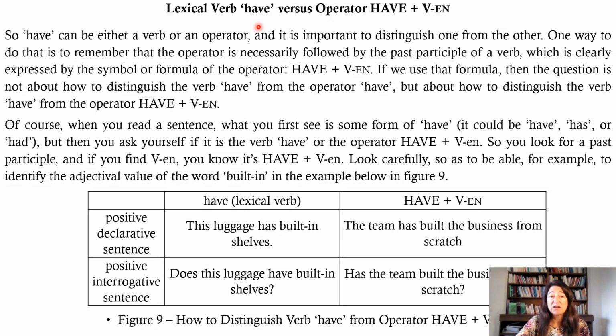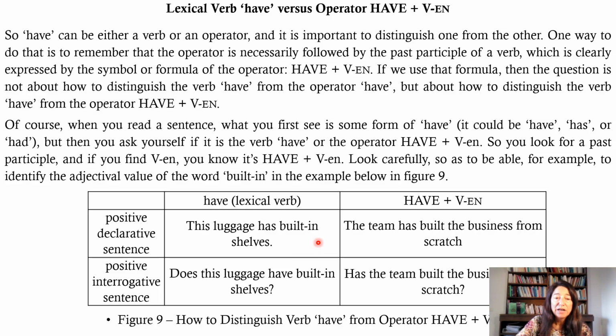Have can be either a verb or an operator. And obviously they do not work the same way depending on their status. So when have is a verb, then you're going to need to use do plus V0 to make all the different types of sentences, or most of them, apart from the positive declarative sentence.